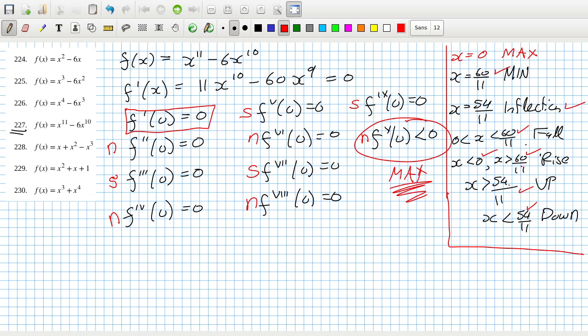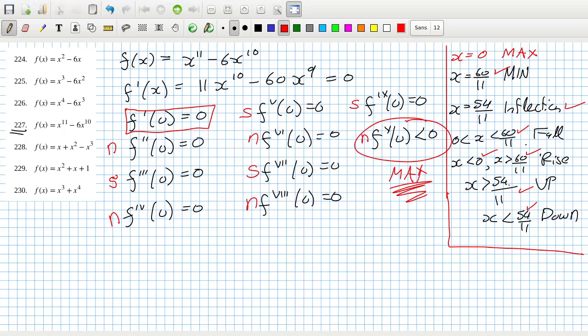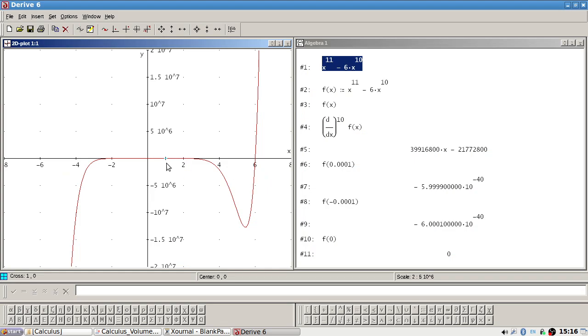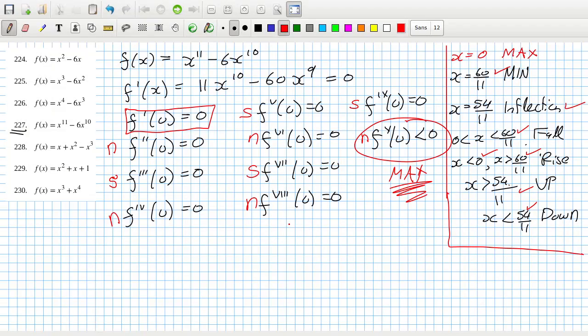And then concave up when it's more than about 5. And then down when it's less than 5. I mean, I'm pretty sure they've missed the answer for 0. Maximum at 0. I mean, yeah, I'm sure of it. I'll open a ticket.